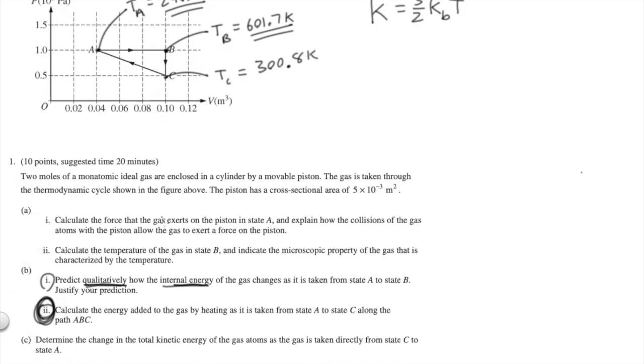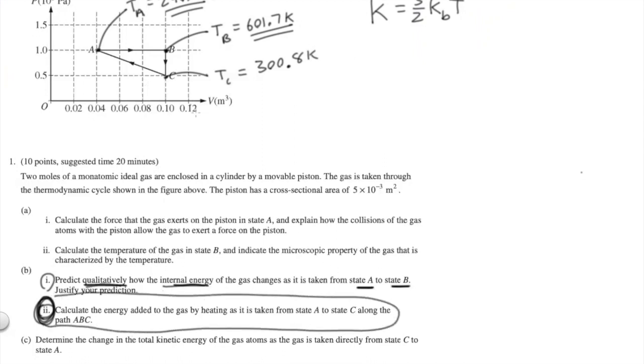Okay, so we're focusing on A, calculate from A to B. Now, first thing we should do, wait, hold on. Oh, no, I'm sorry. We're doing this one right here. We're going from A to C. From A to C, we want the energy added to the gas by heat.